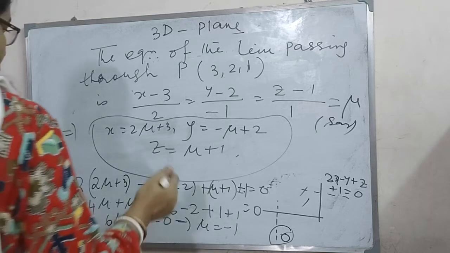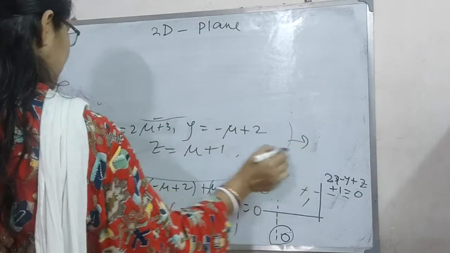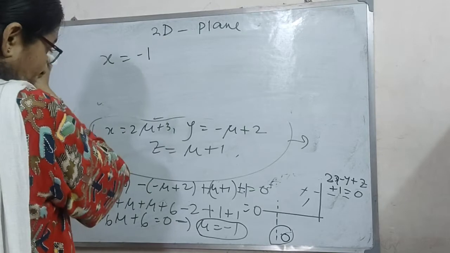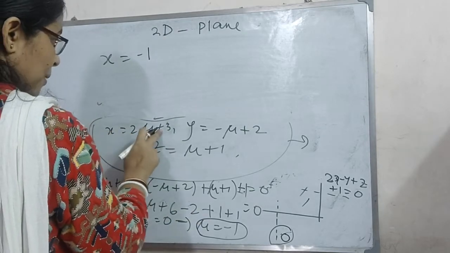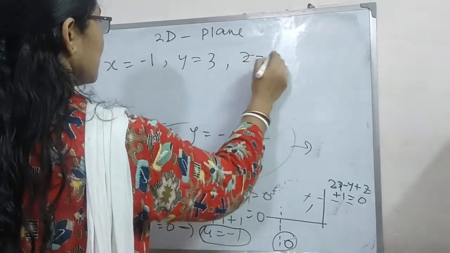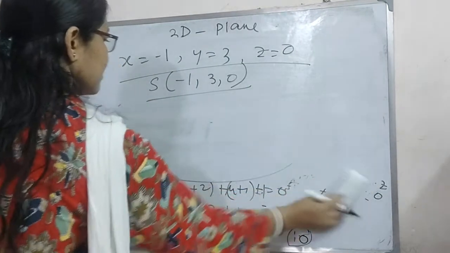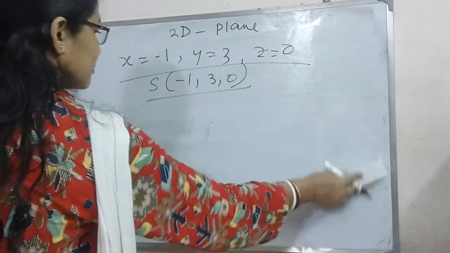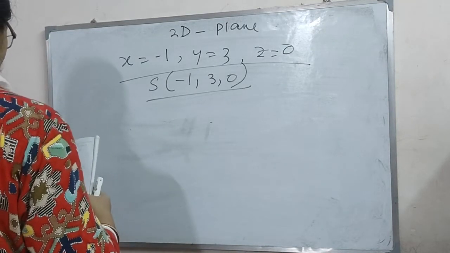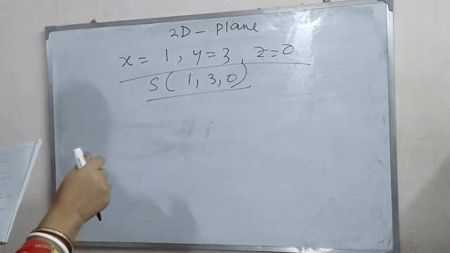So these are the coordinates of S. From here I get mu equal to minus 1, so x equals minus 2 plus 3, that is 1, y equals 3, z equals 0. The coordinates of S are (1, 3, 0).